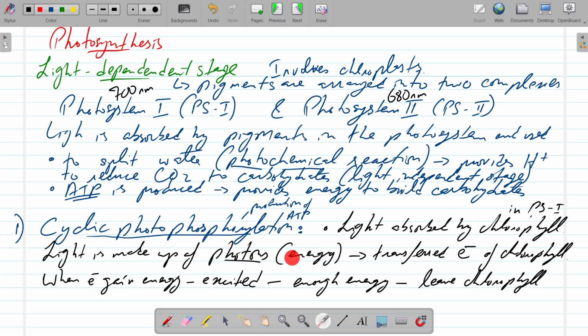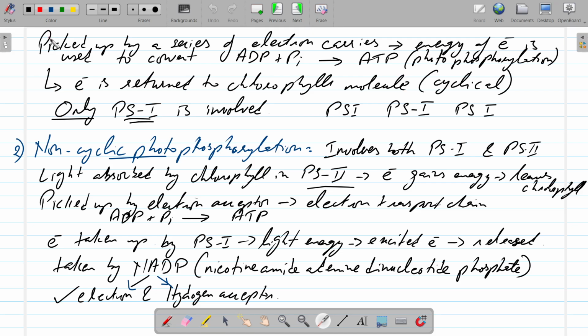Light is made up of photons which have energy, and that energy is transferred to the electrons of the chlorophyll, and they become excited, they leave the chlorophyll molecules, and then they're picked up by a series of electron carriers, and the energy of the electron is used to convert ADP and inorganic phosphate to ATP, which is the photophosphorylation part. Because it's cyclic, the electron is returned to chlorophyll, and only photosystem 1 is involved.